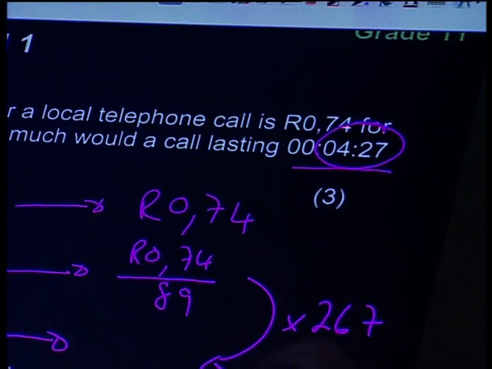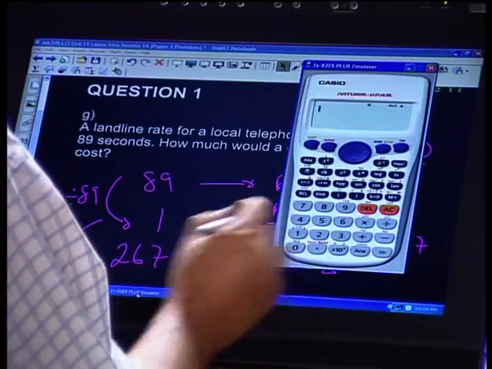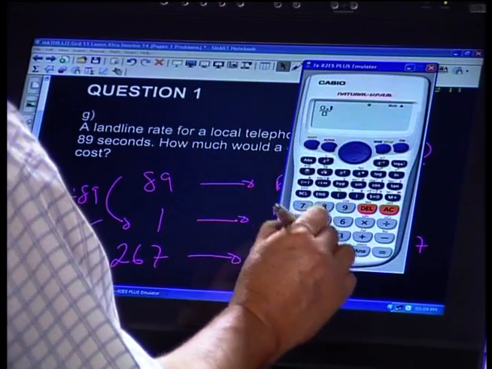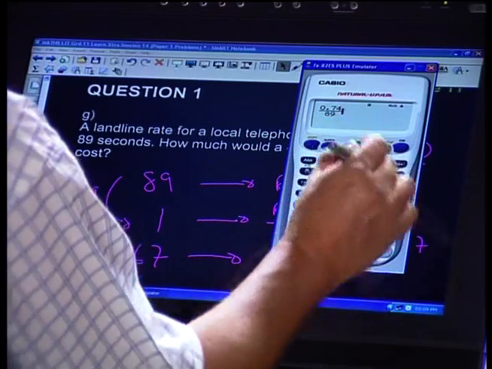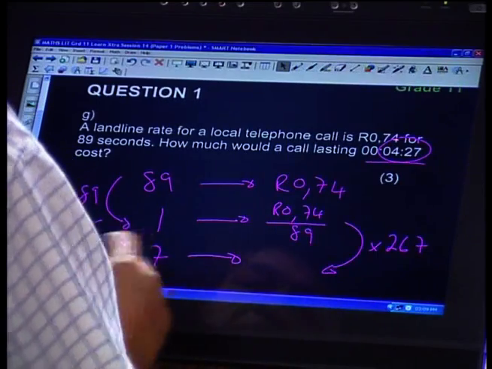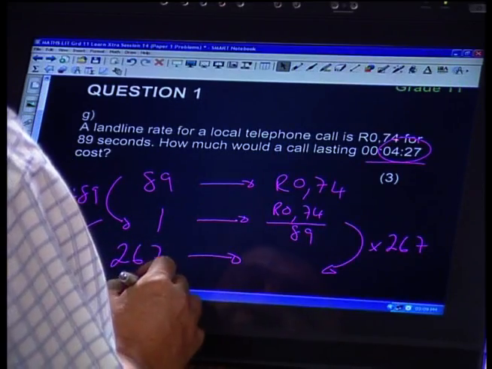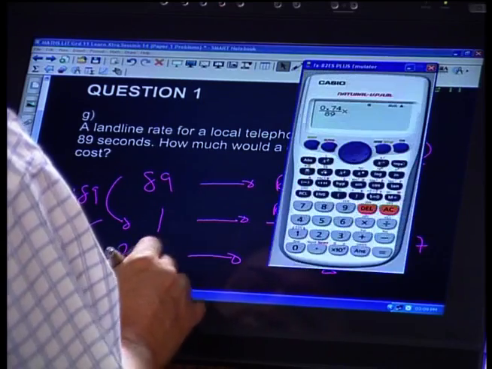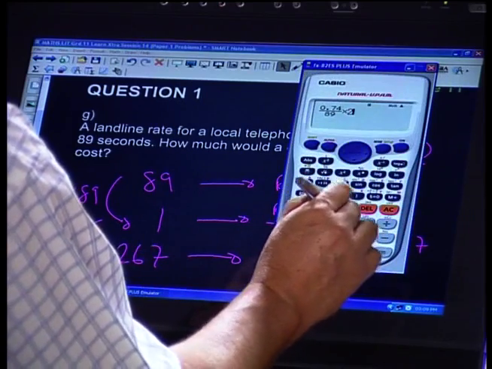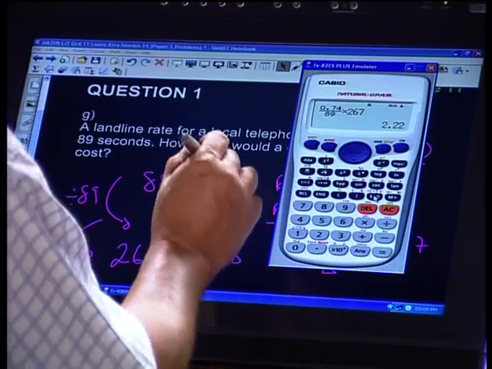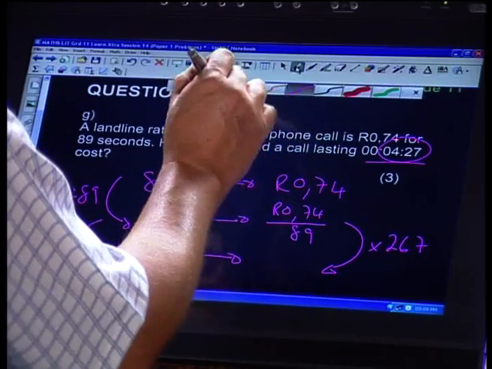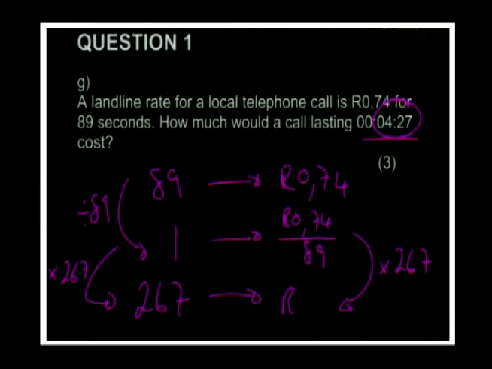We've got 0.74 over 89 multiplied by 267 equals R2.22.